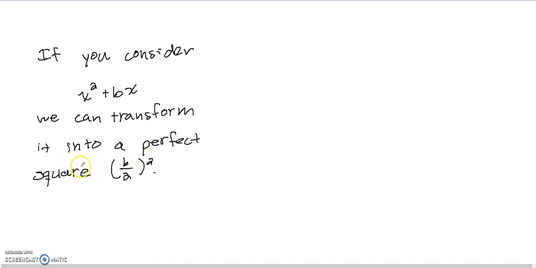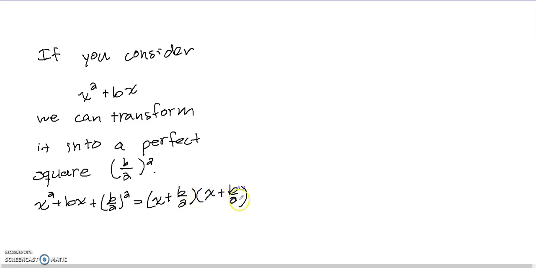What I'm saying is, if you have x squared plus bx plus this b over 2 quantity squared number, I claim that this actually factors into x plus b over 2 times x plus b over 2, which is in fact x plus b over 2 quantity squared.